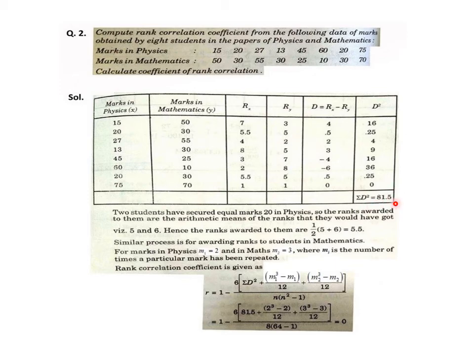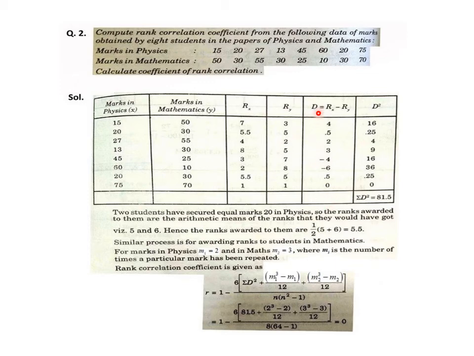One more important thing which you may check in the previous problem or in this problem or in any other problem, whatever the type of problem, whether ranks are given or scores are given, repetitions are there or no repetition, in any case the sum of column D will always be 0.